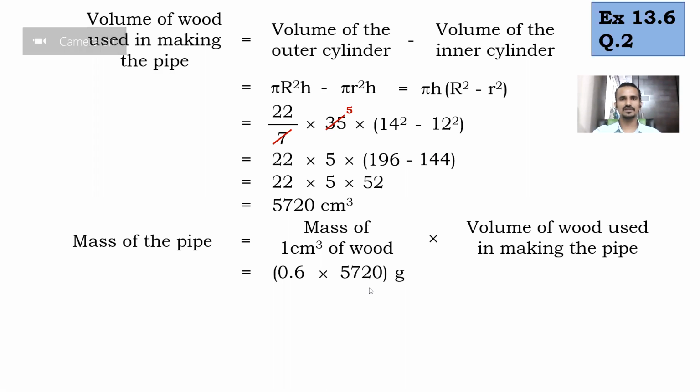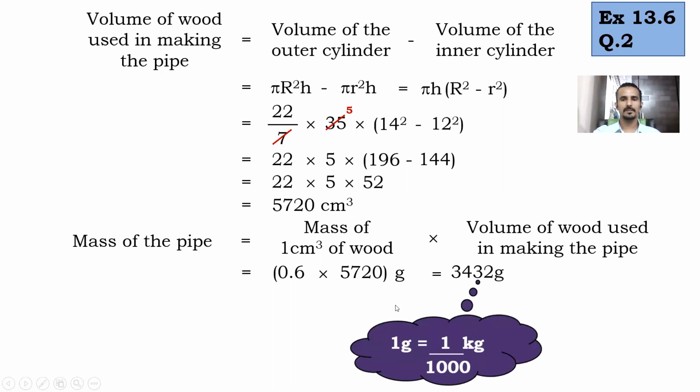All right, so when we multiply this, we get 3,432 gram. That is the final answer for this. Though this can be kept as the final answer, mostly we write down the answer in kilogram. 3,432 gram is the expected answer and this will still give the full marks, but we're converting it into kilogram, because in real life mostly we deal in kilograms.